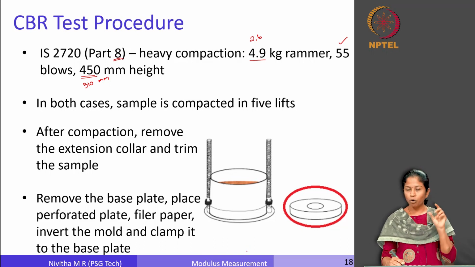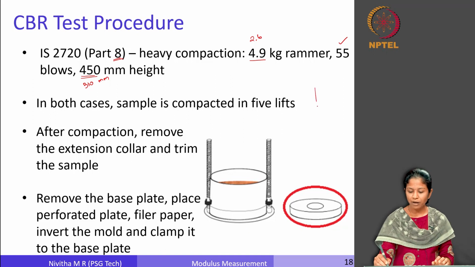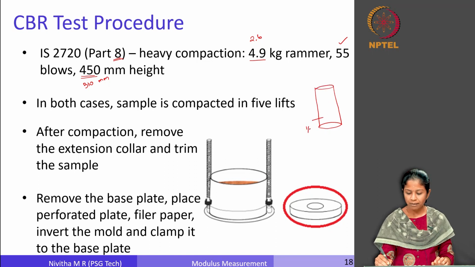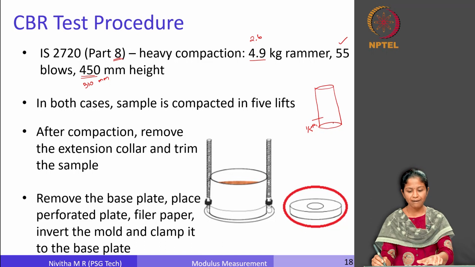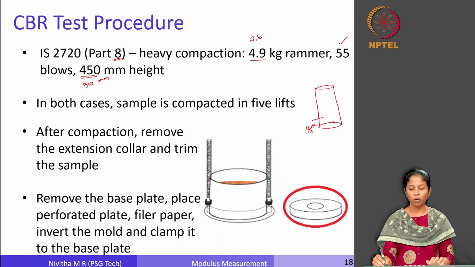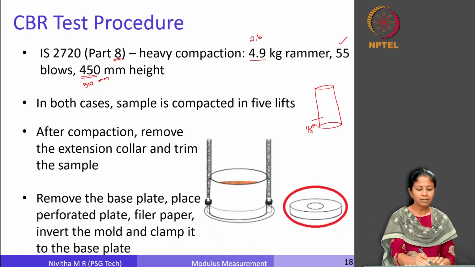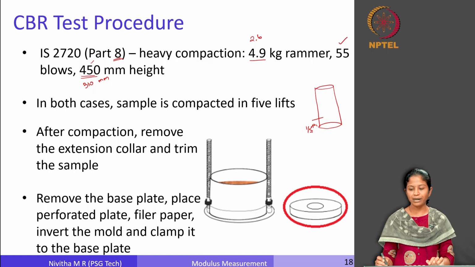In both these cases, the sample will be compacted in 5 lifts. What do I mean by 5 lifts here? First, I will fill approximately 1/5 of the mold with soil and apply the compactive effort. Let us say I am going to use a heavy compaction. So, I will place approximately 1/5 of the mold with soil, and give 55 blows with a 4.9 kg rammer and 450 mm height of fall.